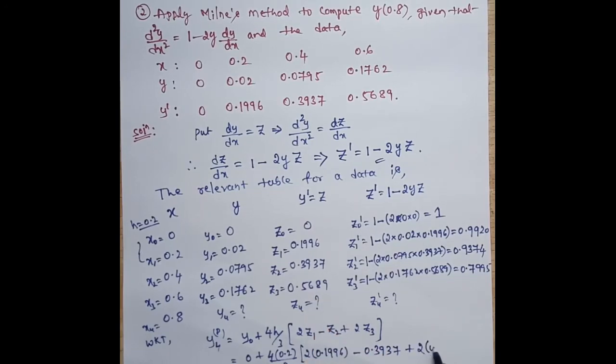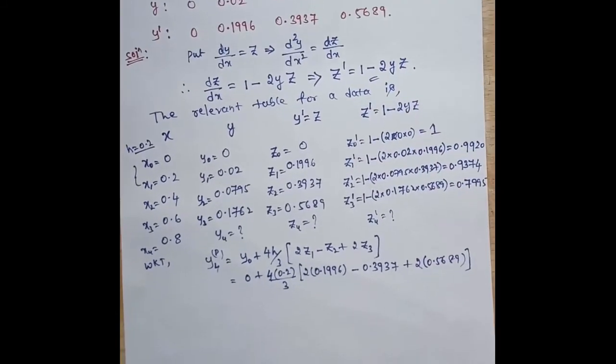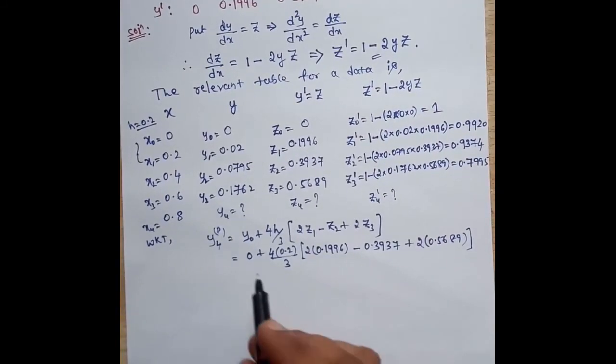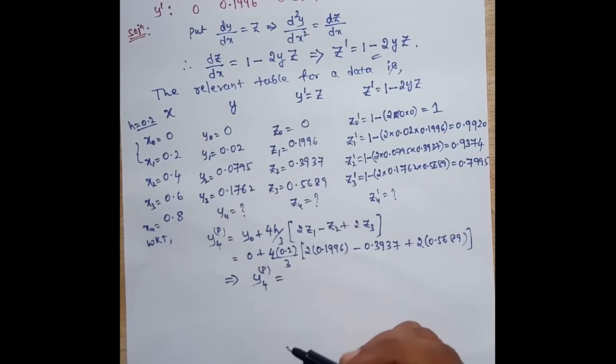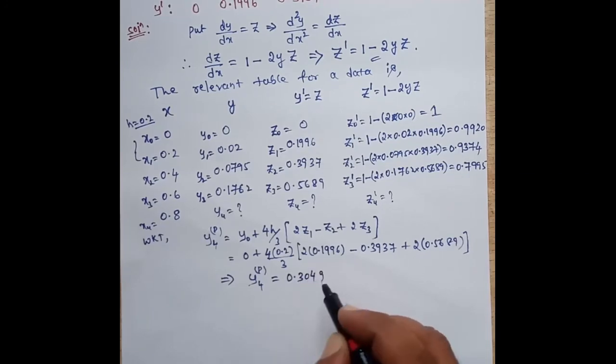It is 0.5689. Right? So the values are substituted here. Now use your calculator and simplify this. We get the predicted value for y. So the predicted value for y here is 0.3049.